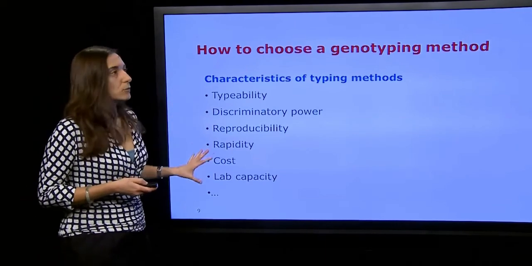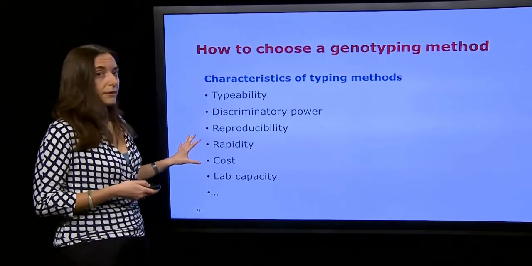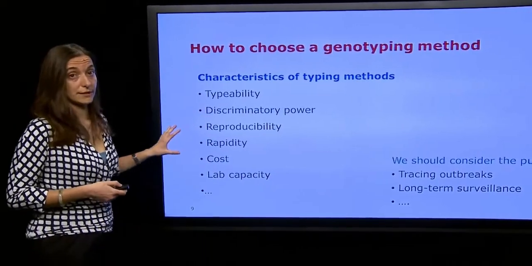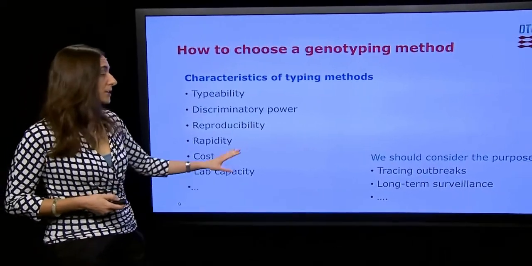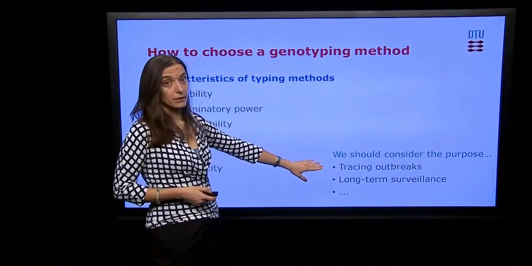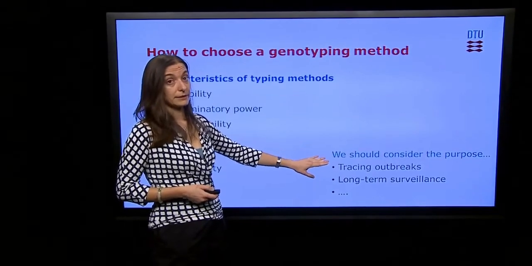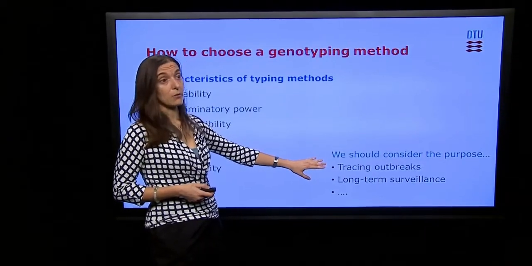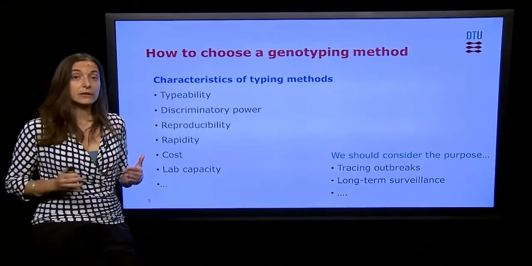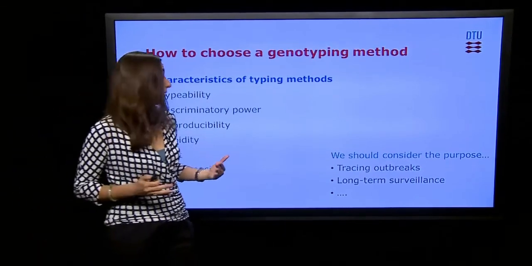So what we need to really understand is that every time we choose a typing method, we have to consider what the purpose is. If we want to trace an outbreak, we will need a method that has a very high discriminatory power, because we want to know if strains in different individuals are related to each other or not.